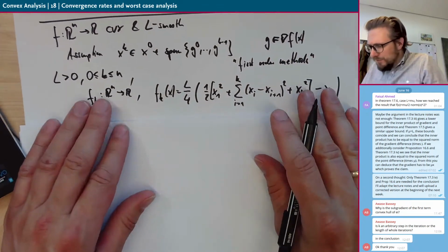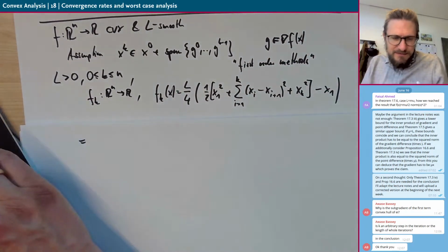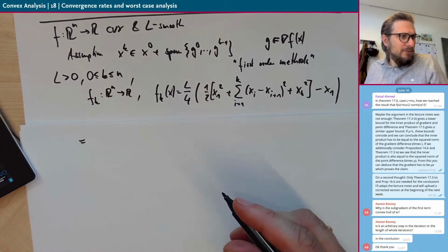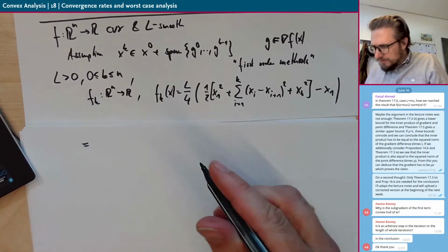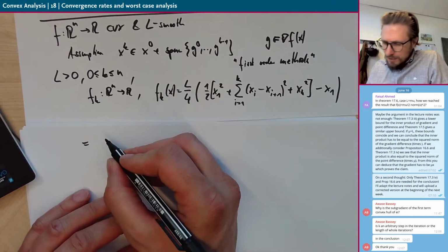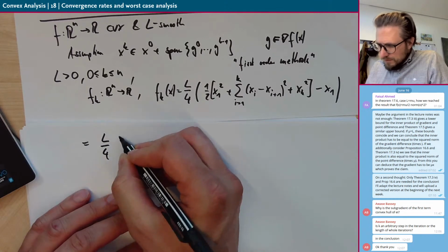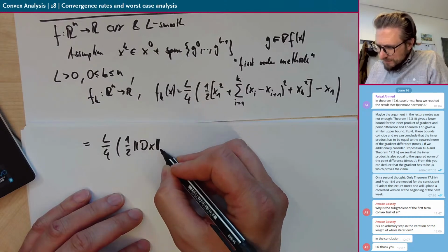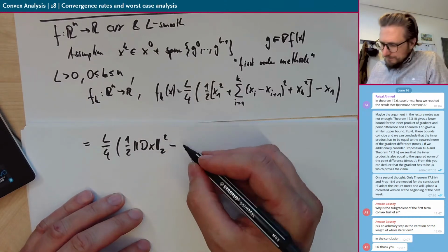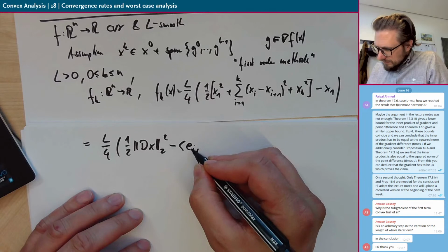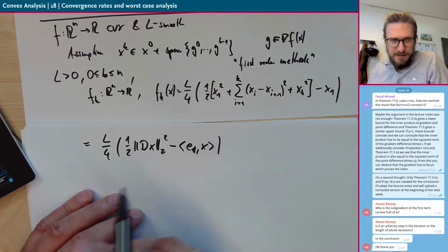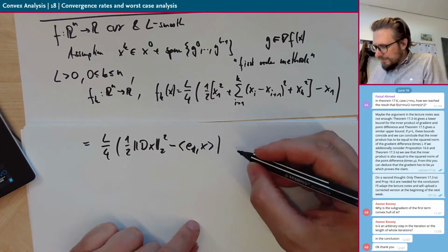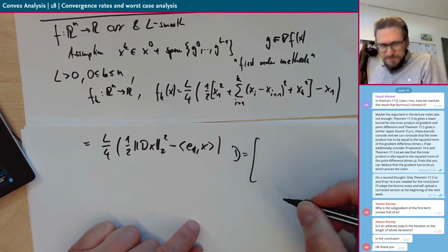But here comes another way to write it. It's the same as L over 4 times 1/2 norm of Dx squared, for some matrix I will give you in a second, minus the inner product of the first basis vector with x. And D is the matrix of the following form.